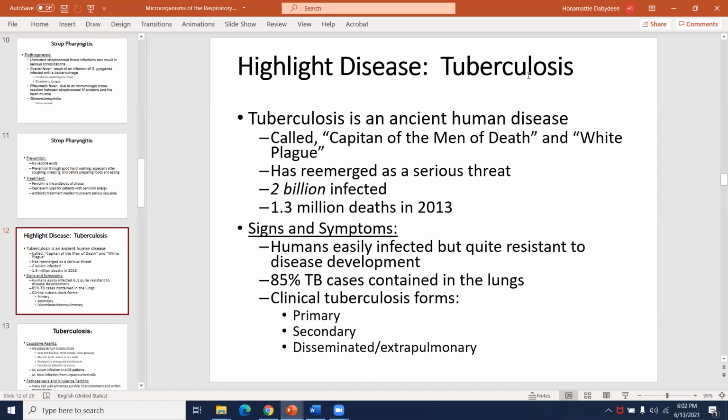So you can have extrapulmonary TB, meaning away from the lungs, kidney TB, bone TB, brain TB, and a lot of times those are a little bit more devastating. And fatalities are very common in those cases, especially if the brain is involved. All right, so you have about 15% that's disseminated. But a lot of people, when they hear TB, they're thinking lung TB.